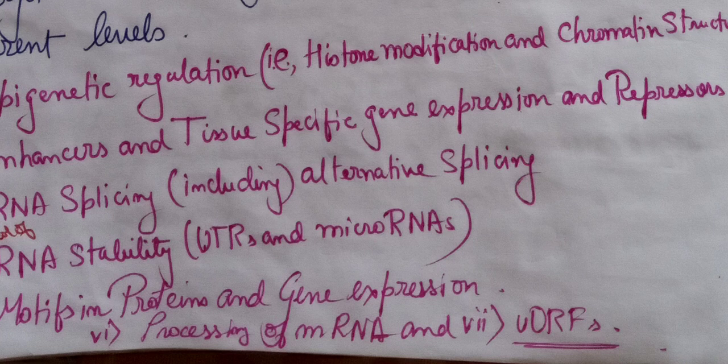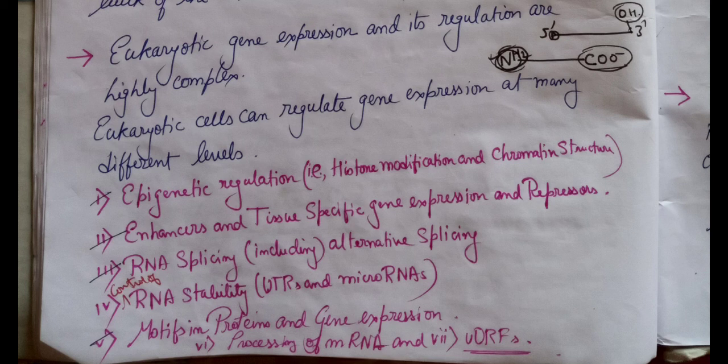uORF I have already taught to you. They are the upstream open reading frames which are located before the main open reading frame, and depending on the situation they will not allow that mRNA to be translated to form the protein, right? Best example is GCN2 that I have talked to you about.